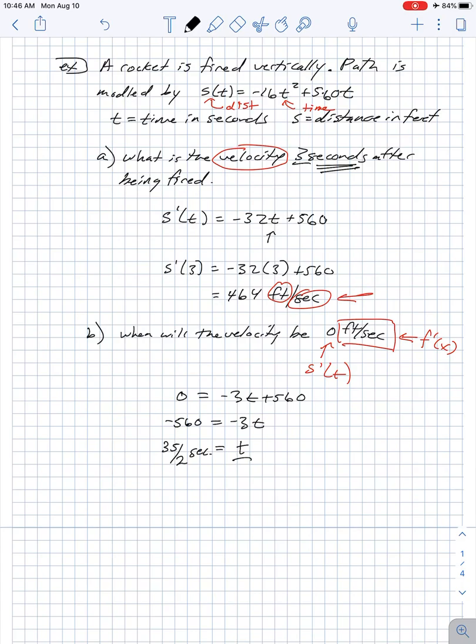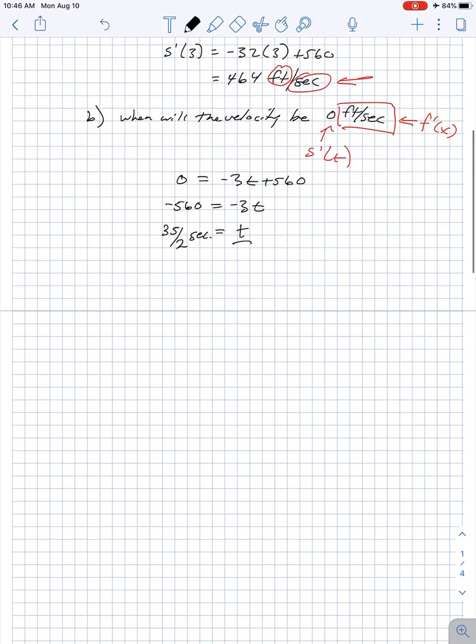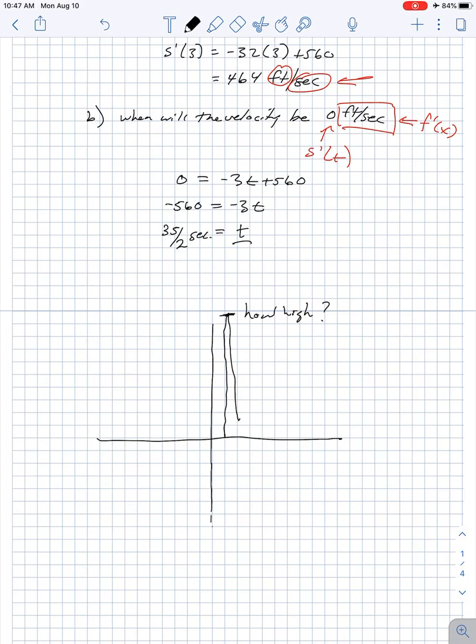So here's the powerful thing about the derivative, and one of the most powerful things about these applications. Often in the physical world, we're interested in the highest or lowest point in something. So here's the picture. This rocket is fired straight up, and then it comes down, and I want to know, how high did it go? The rocket's going up at a certain speed.